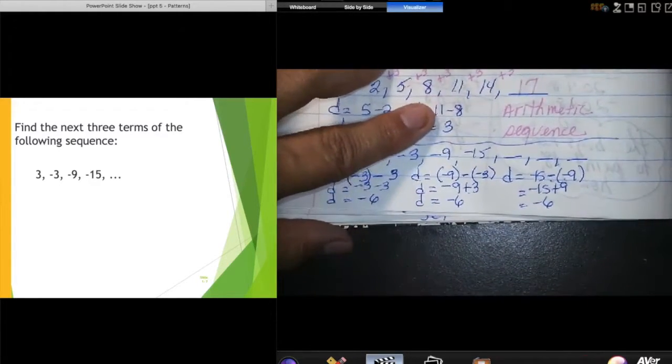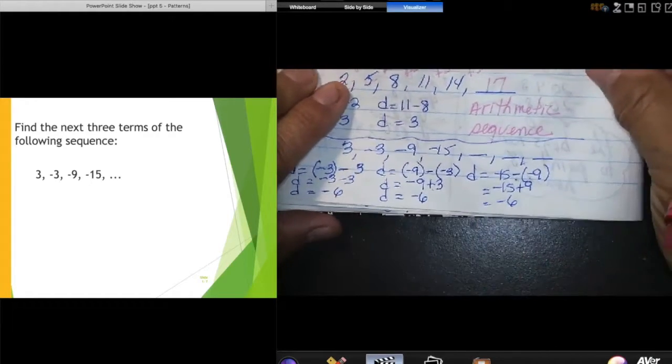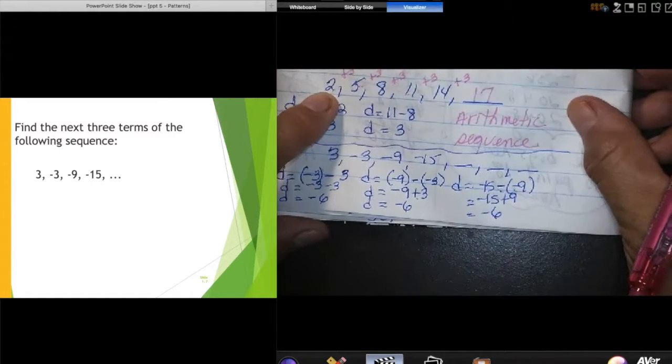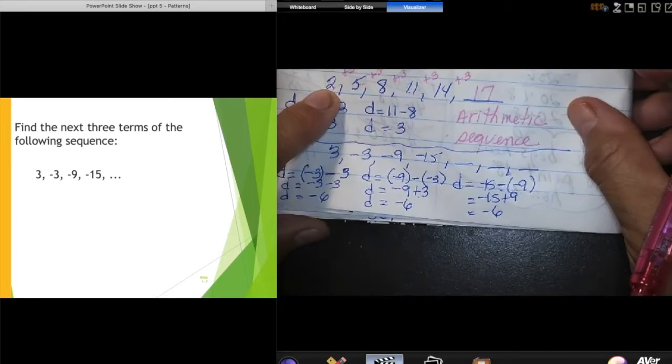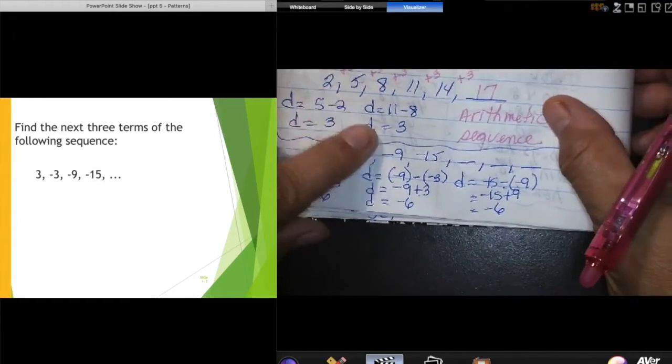So let's follow our rule here. Our rule in this problem is to add -6, or subtract 6, same thing.